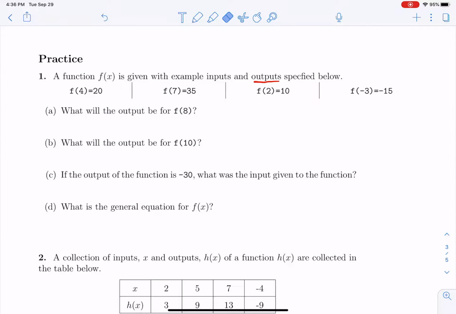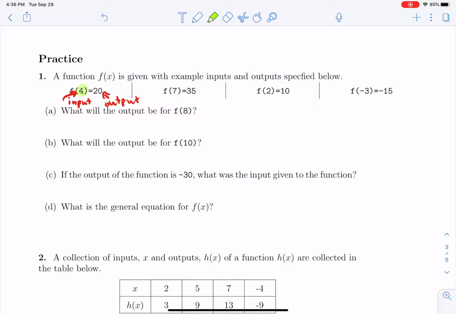Okay, so let's look at our practice questions here. So in our practice, we're told a function, f(x), is given with example inputs and outputs specified below. So one thing to note is in each of these examples, we see the input and the output in a specific place. So in example 1, f(4), 4 is our input. 20 is our output, and that f represents the function.